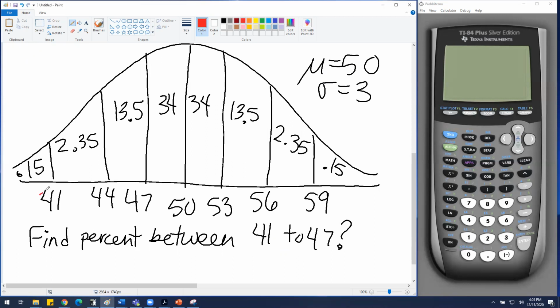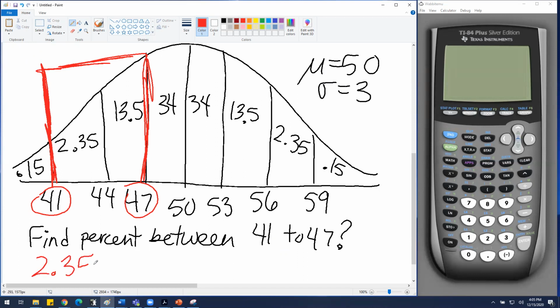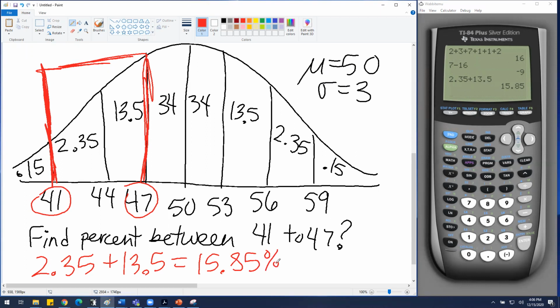You find 41, you find 47, and you're just going to add the percentages on the table. So 2.35 plus 13.5. Go to your calculator if you need to. Gives you 15.85%. Okay.